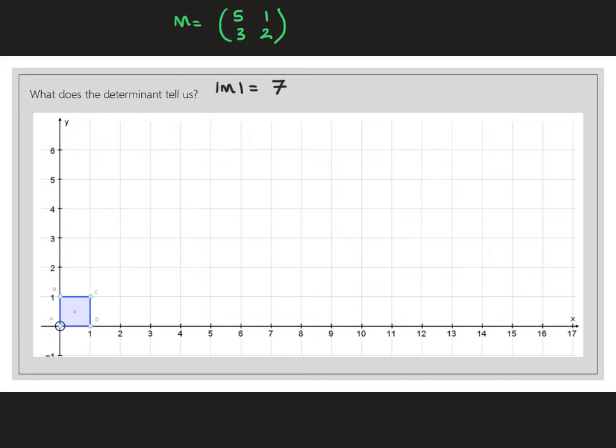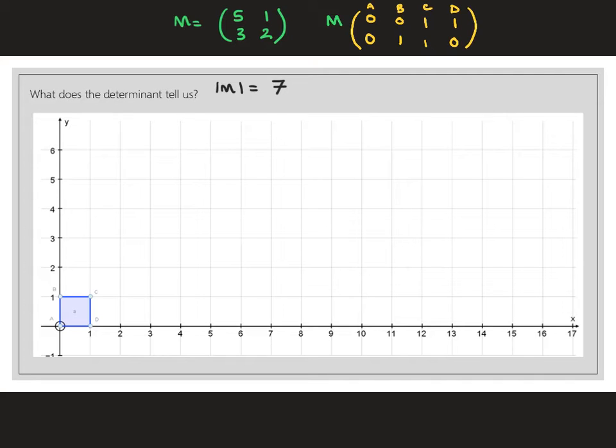Now, what I'm going to do is I'm going to take this matrix M and I'm going to apply it to each of the coordinates, and I'm going to set the coordinates up as a matrix. So you can see point A is 0, 0, point B is 0, 1, point C, 1, 1, and point D, 1, 0.